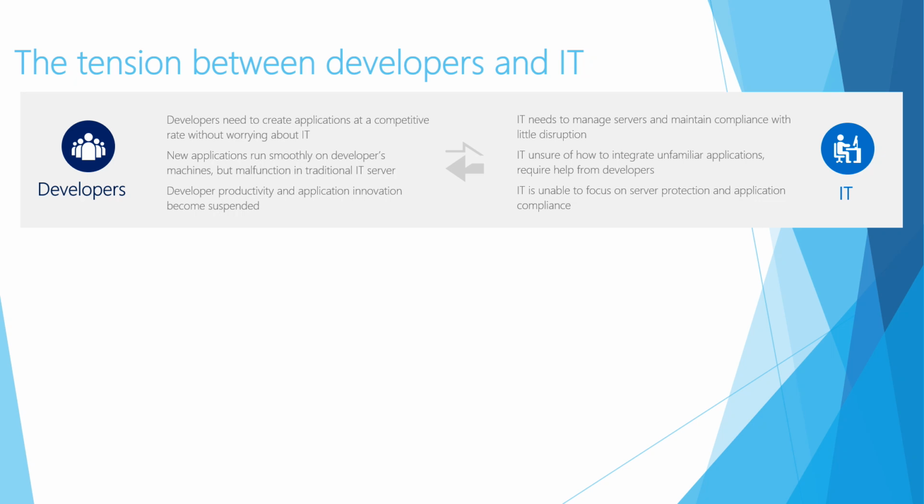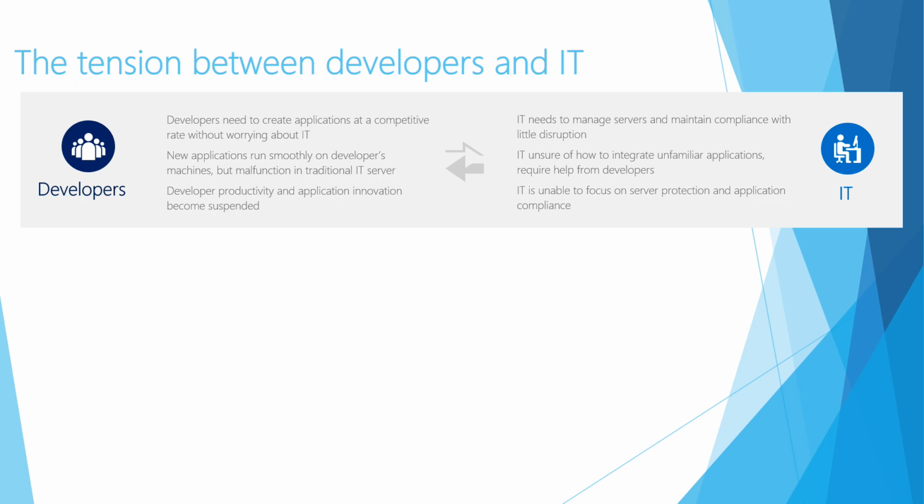We want to lessen this tension. It's a two-way thing. Developers want to write their apps. IT needs to maintain it. The devs don't want to have the IT folk reasonably understand and be equipped to do their jobs. And the IT folks end up thinking that the devs are just running their stuff on their machines, but not thinking about the bigger picture of deploying it to the actual production infrastructure.